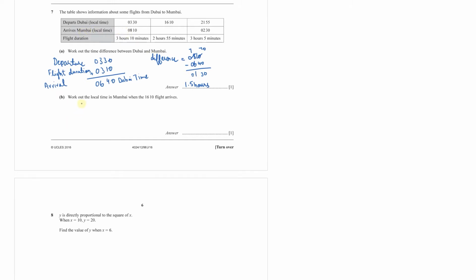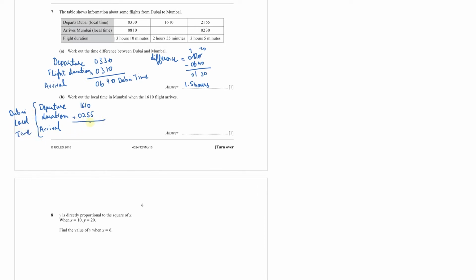So you have departure at 16:10 here, and then flight duration is 2 hours and 55 minutes. You add them and then you get the arrival. So these all are according to Dubai local time, both the departure and arrival.